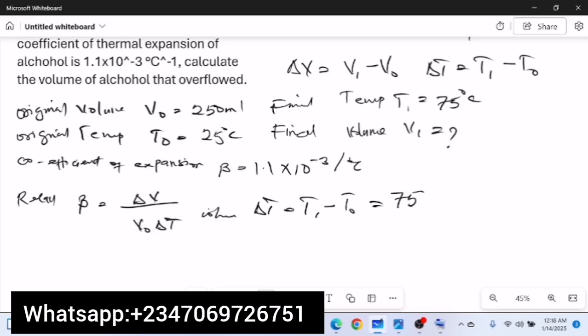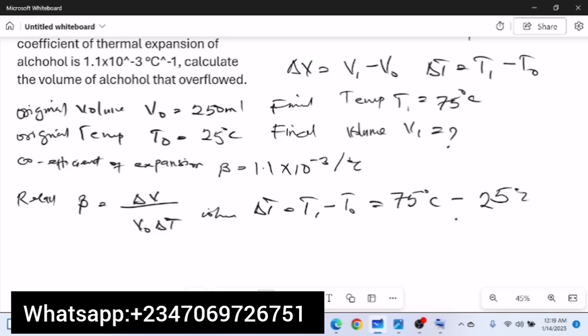One thing you need to know is, do not hurry to convert temperature to Kelvin by adding 273, because when you subtract here, they will still cancel out. So we have 75 degrees Celsius minus 25 degrees Celsius.